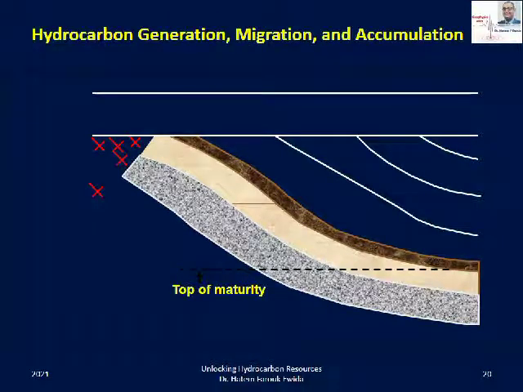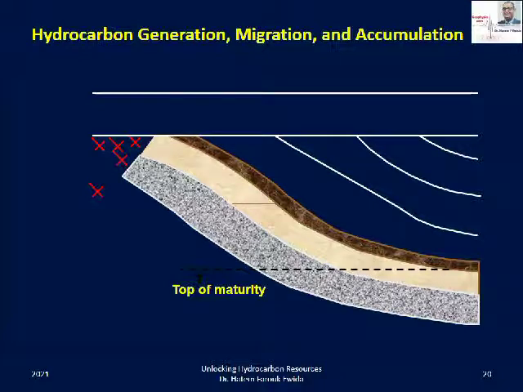So generally speaking, if I have this cartoon for the subsurface, here is the surface, and this is some layers of rocks, and we call this a monocline or a limb of an anticline.